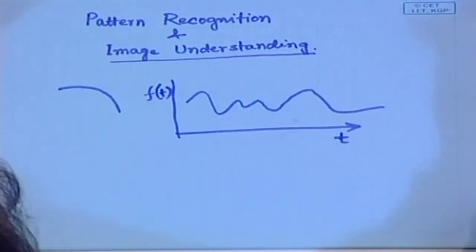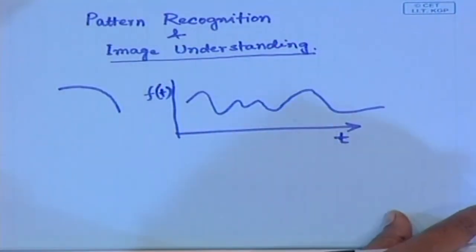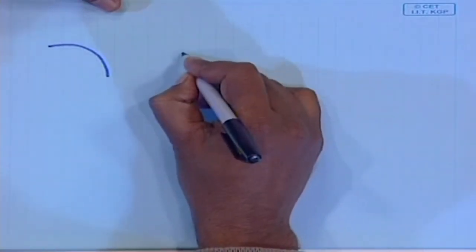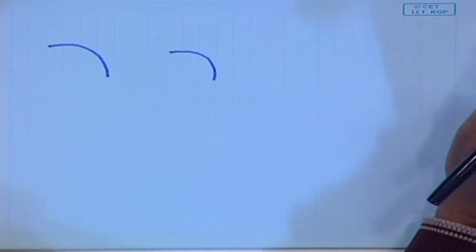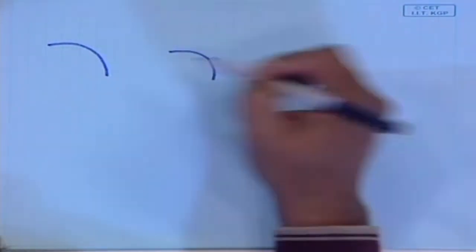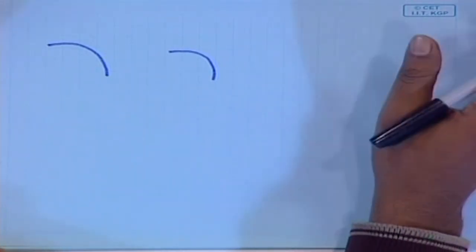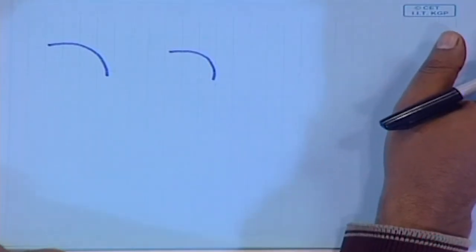Okay. So, coming to this simple problem, say circular pattern recognition. Given two circular arcs, one circular arc is like this, the other circular arc is something like this. How can we say that these two circular arcs are the same, or that they are part of the same circle?